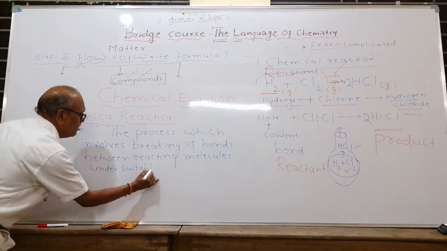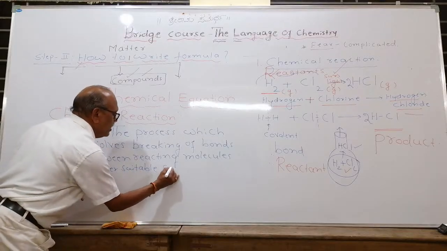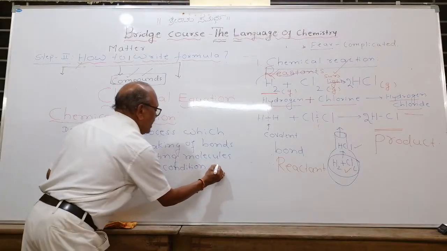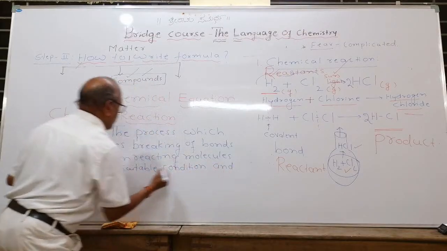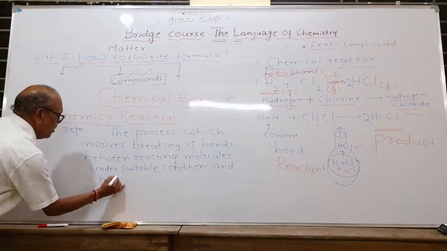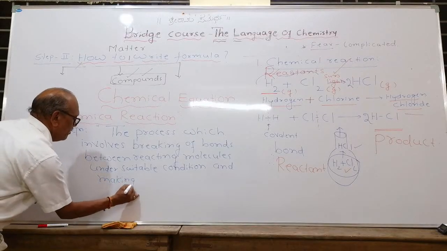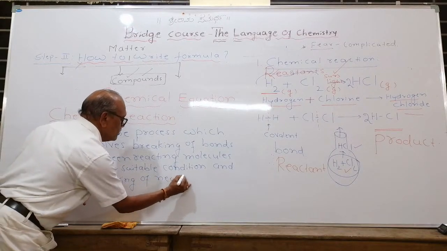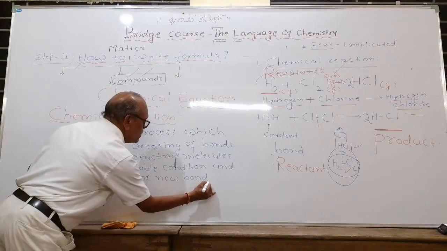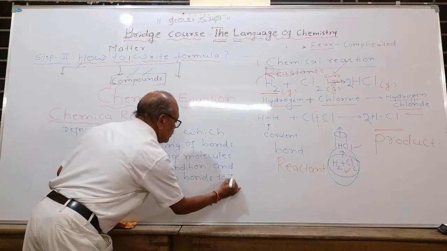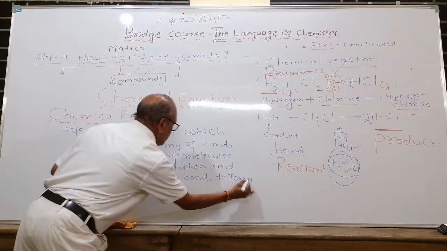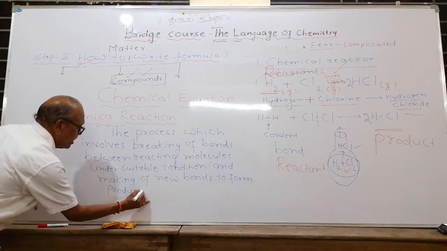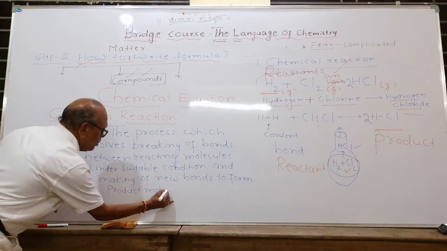Generally, some covalent bonds will be stronger. Under suitable conditions, and making of new bonds to form the product molecules. Write the definition first. Product molecules. I'll give time to note down.